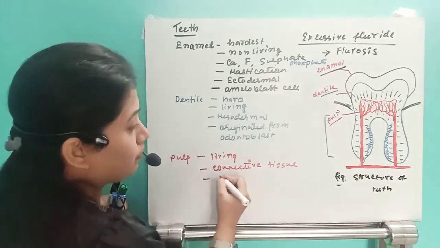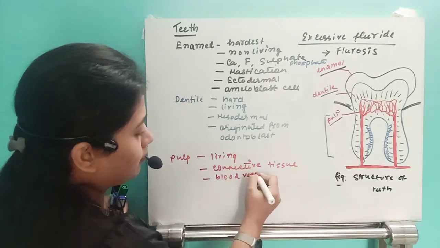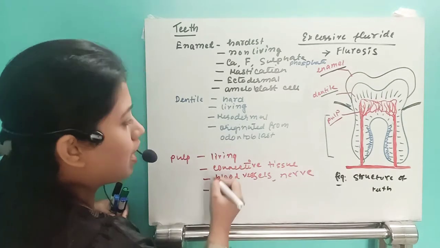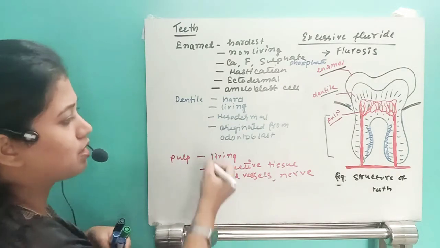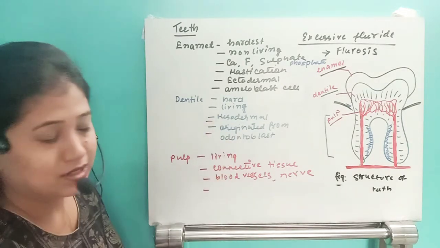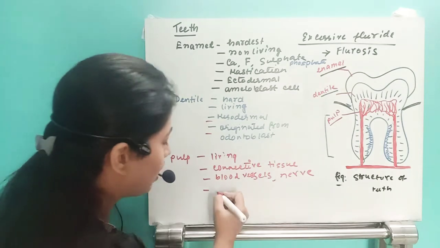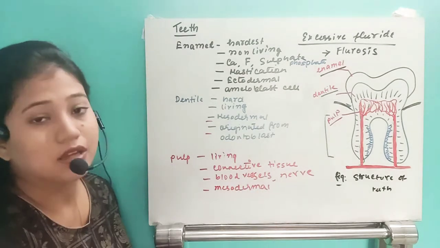They are the blood vessels and the nerves. And yes, it also originates from the odontoblast. It is also mesodermal in origin, because we know that connective tissue is mesodermal in origin. Remember that.